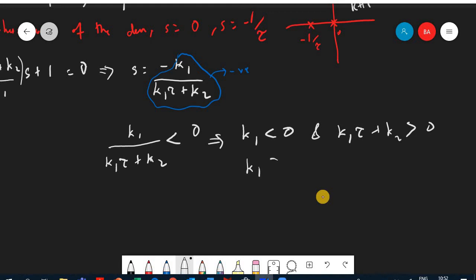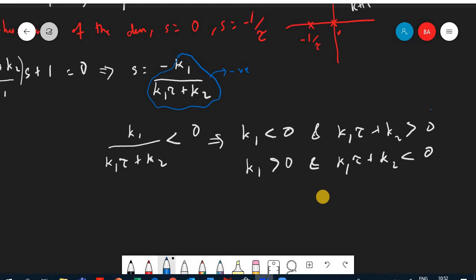Because if K1 is greater than 0 but K1 tau plus K2 is less than 0, we will have negative. It's like negative divided by positive, or positive divided by negative, to give you a negative value, right?